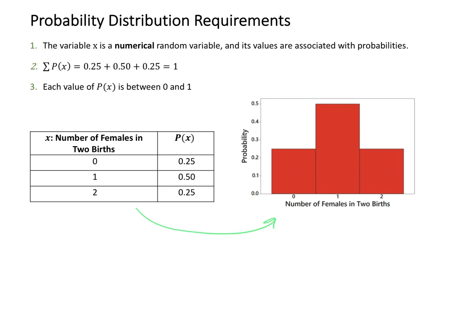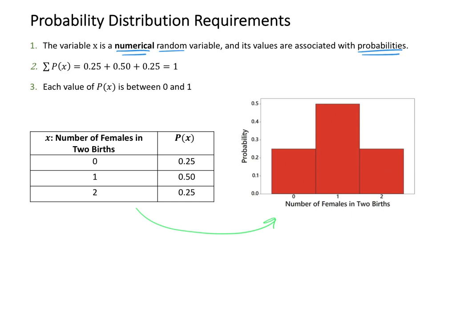So remember, the three requirements are that first, your random variable has to be numerical, and in this case it is, okay, because the random variable is the number of females in two births, so 0, 1, or 2 is numerical. It's also associated with a probability. So we have chances of getting boy boy or boy girl or girl boy.